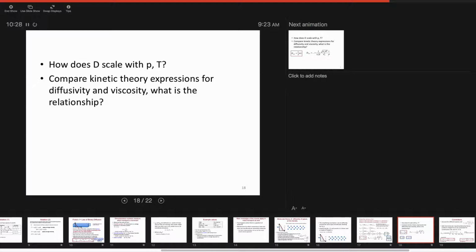So one thing to remember is, well, I just actually compared it already. My D_AA scales with the square root of T, just like we had before. And we have some dependence on pressure, given that I have 1 over rho in there.